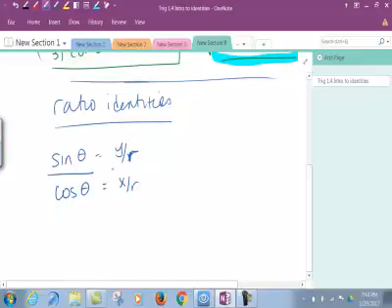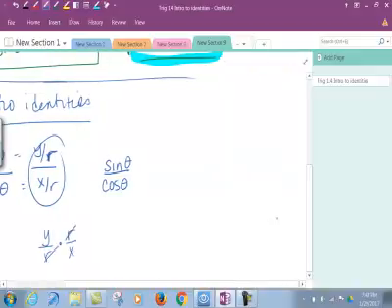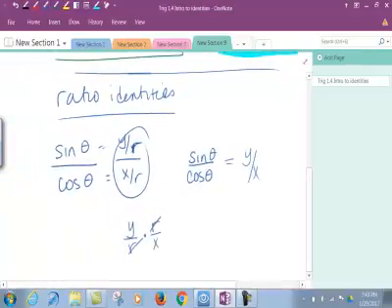If we were to divide those equations, we'd get the sine of theta over the cosine of theta. Let's think about what happens when we divide a fraction by a fraction. We flip and multiply, and look at that. Y over x turns out to be the ratio, and if that looks familiar, y over x is actually the tangent of theta.